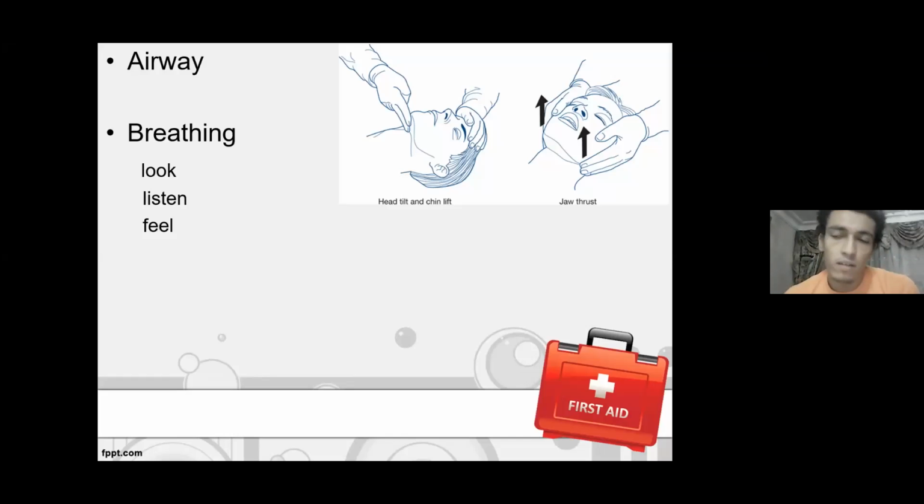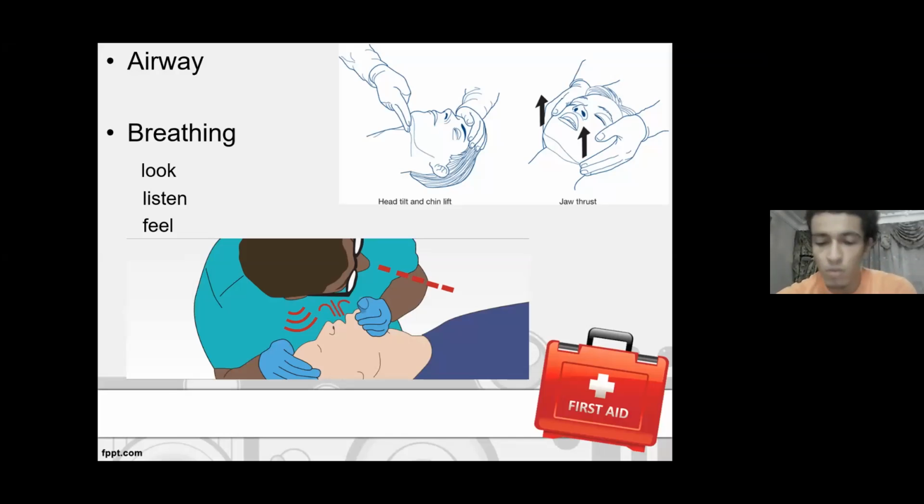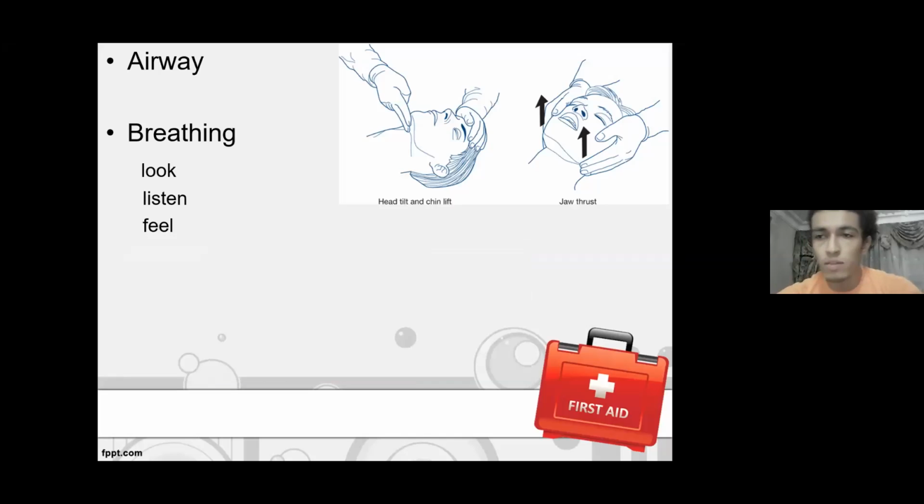But this method doesn't suit all patients, as the patient may be suspected of having a spinal injury. So I can't move his head, or he could die. So we use another method called jaw thrust. In this one, as you see, my hands cover his whole head, and my three fingers are at the jaw, the mandible.